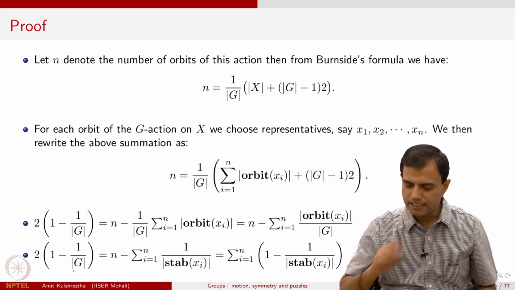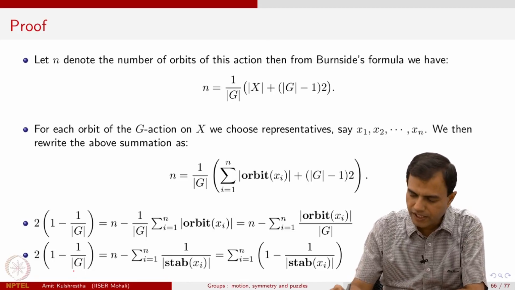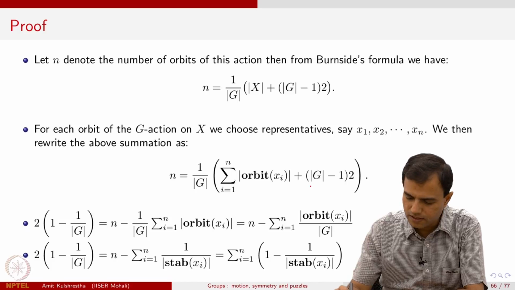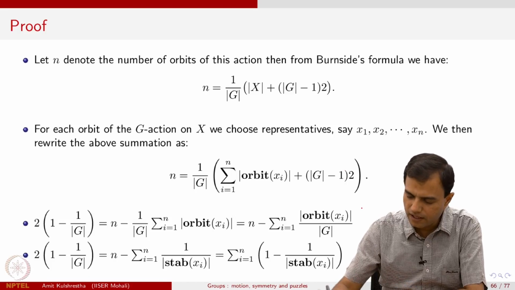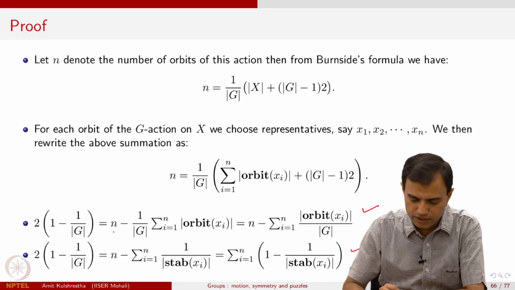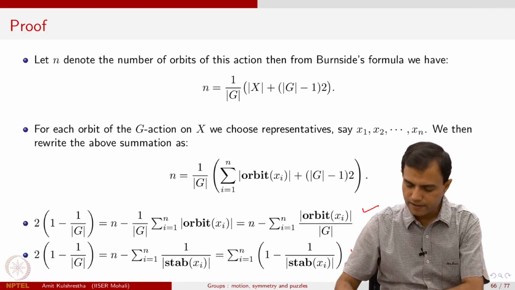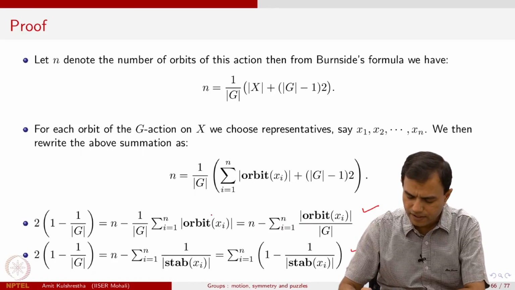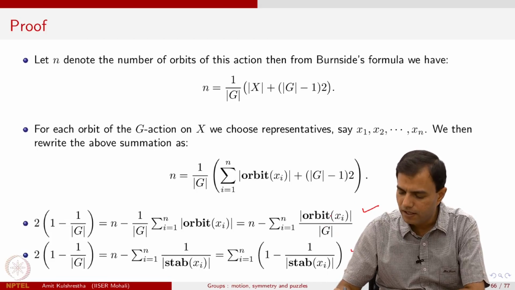And in fact I would do some manipulations with this. So I take this to the other side and divide by mod G. So what I get are these quantities. So this is n minus 1 by summation over all the orbits, and here I write orbit of xi and take mod G inside, and you remember the orbit-stabilizer formula.